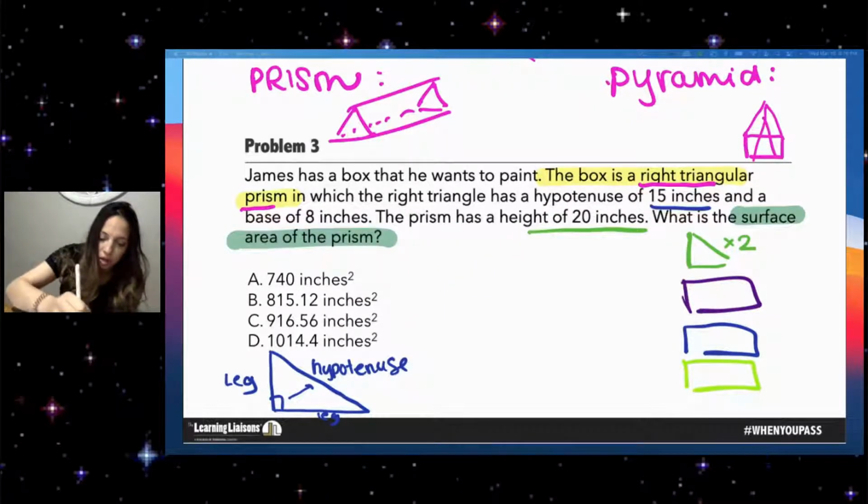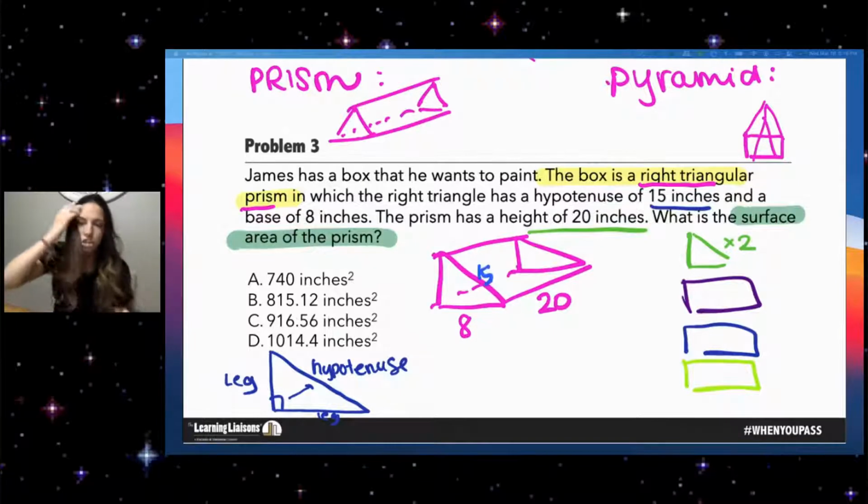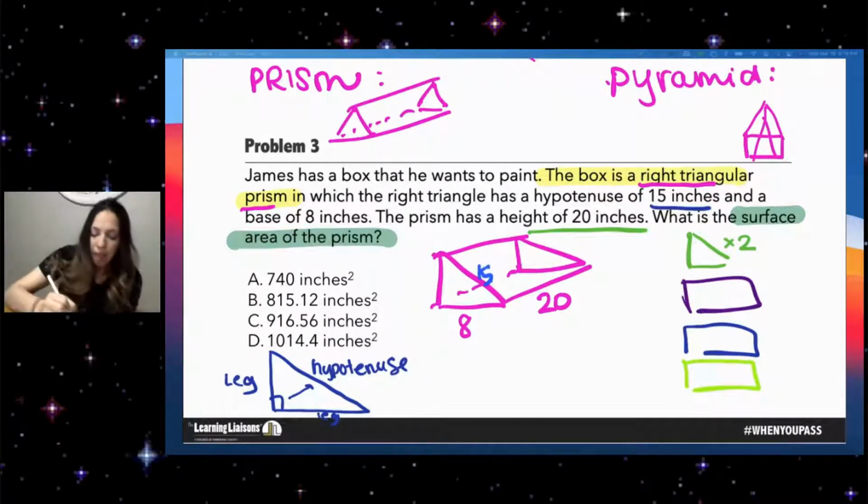So let's redraw this prism really super quickly. Oh, that was a terrible right triangle. Okay, 20, 8, and 15. All right, so the rectangles are going to be the easiest. I have 20 times 15. That's 1 rectangle.